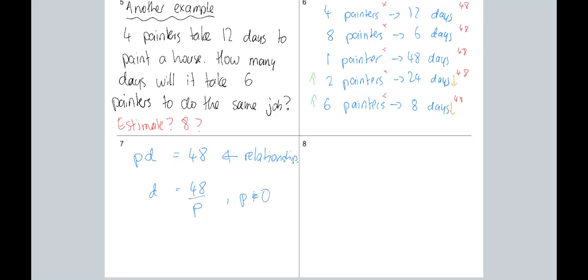Well, just not equal to 0. Yeah, true. At the very least, our basic understanding is I can't divide by 0. So the number of days is equal to 48 divided by P, and there's a reciprocal kind of relationship there, as Will pointed out. Does that kind of make sense? So this is inverse variation.